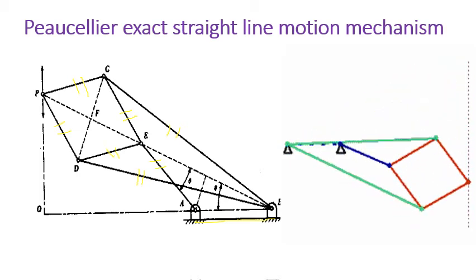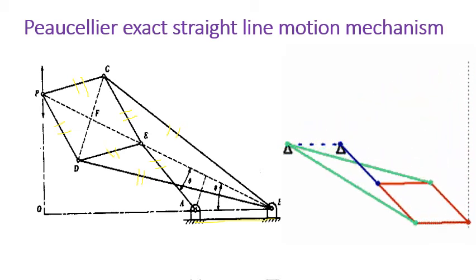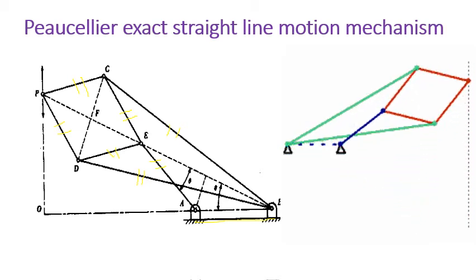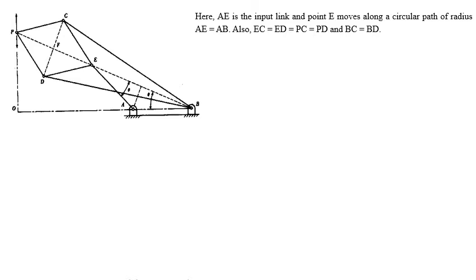Now we have to prove that the pointer P traces the exact straight line. For that, let us consider the mechanism again. In this mechanism, as I explained, AE is the input link.